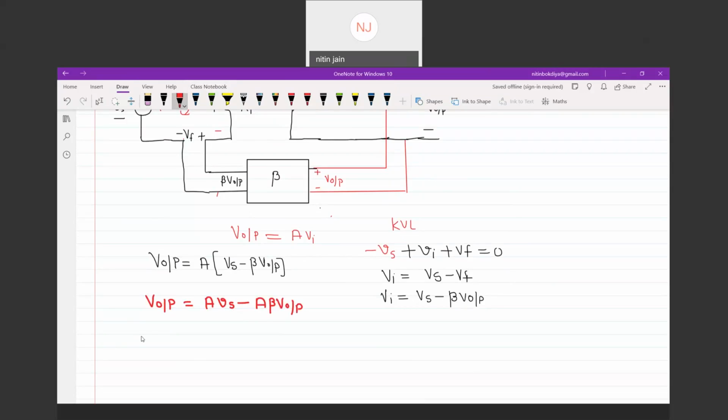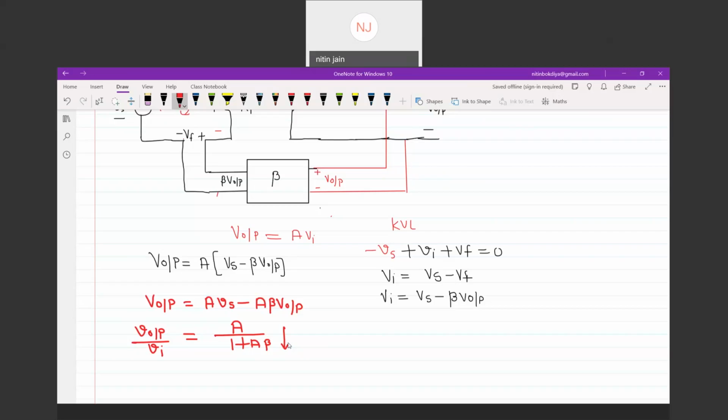So V output divided by V input for the circuit is equivalent to A divided by 1 plus A beta. So the first effect of feedback is that you have less gain. The gain of the circuit reduces, and the gain will be the original gain divided by 1 plus A beta.